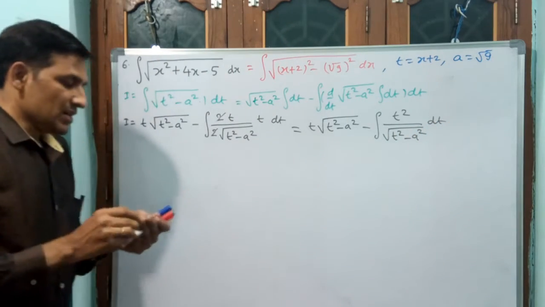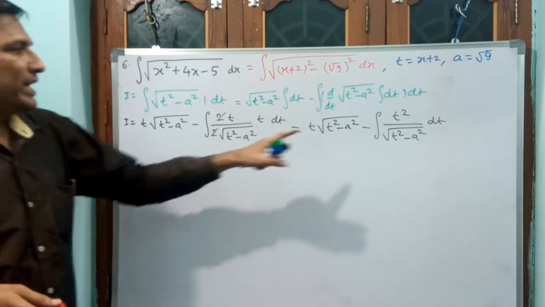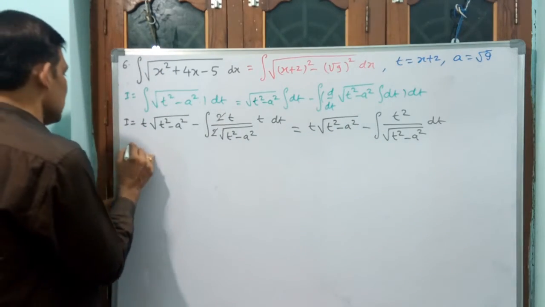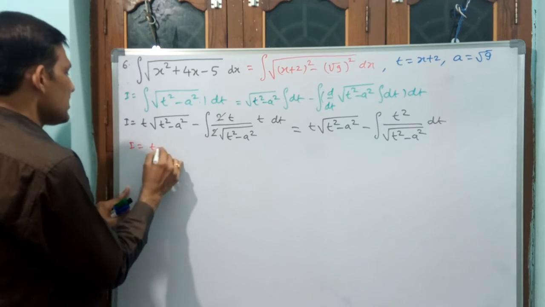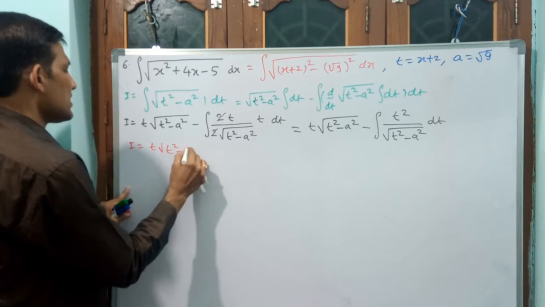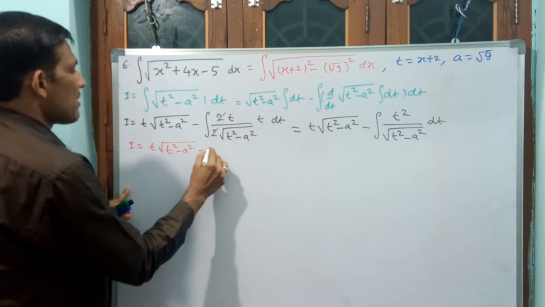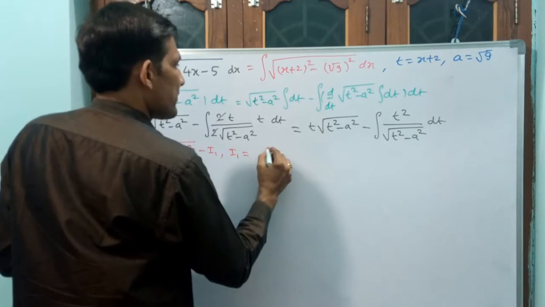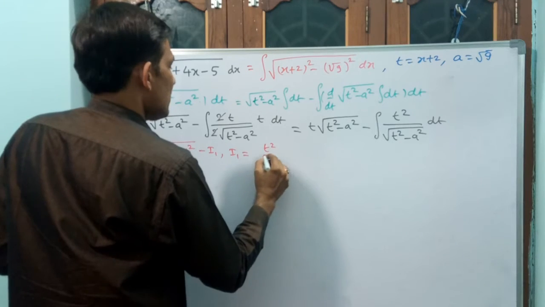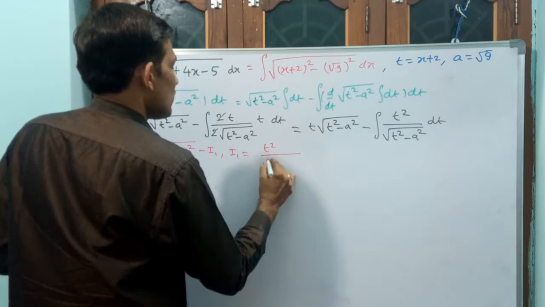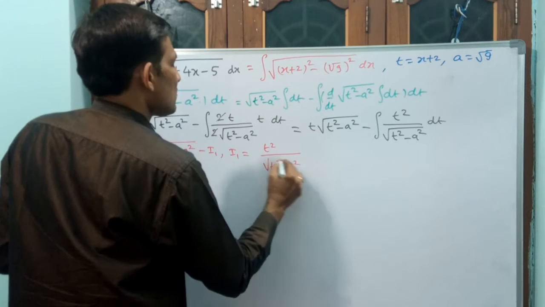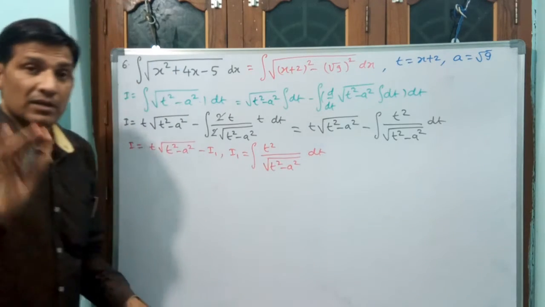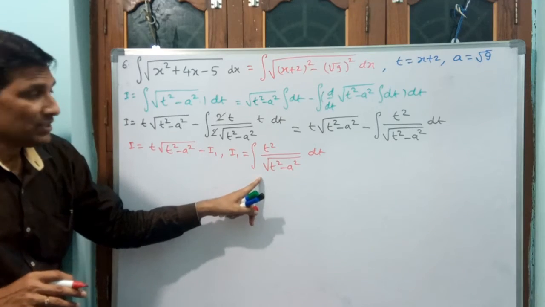dt. Now what I am going to do, I am going to take this as I1. I is equal to t into square root of t square minus a square minus I1, where I1 is equal to integral t square divided by square root of t square minus a square dt.